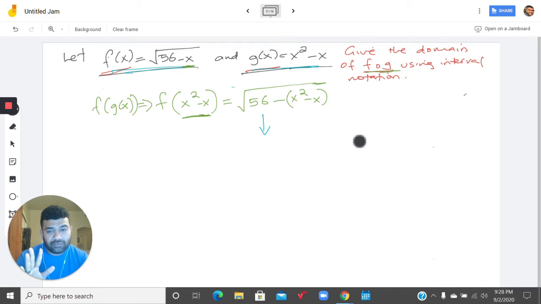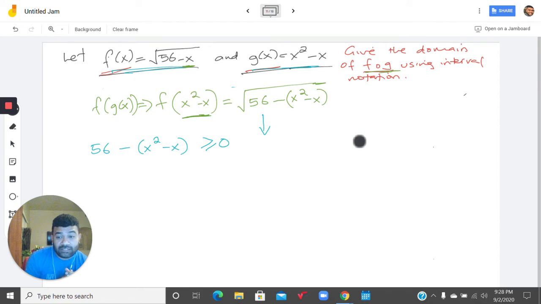We are just using that to solve f of g, and now we're focusing only on the domain. So we bring down, let me go to the left, so we will have 56 minus x squared minus x greater than or equal to 0.